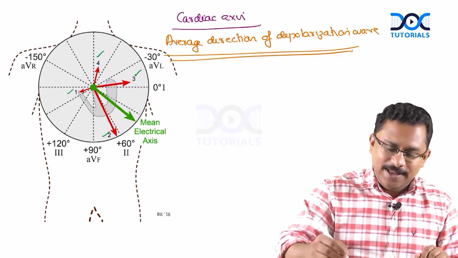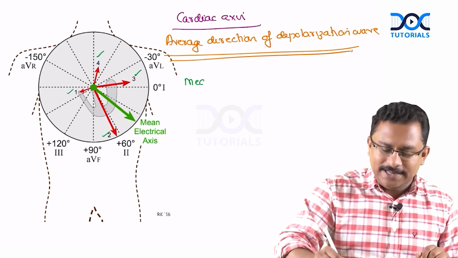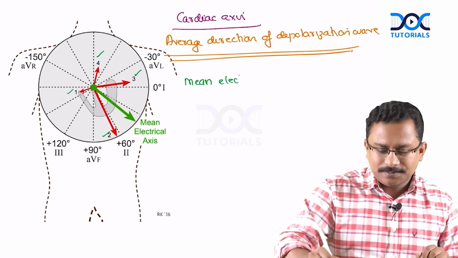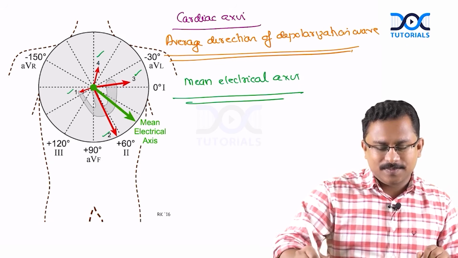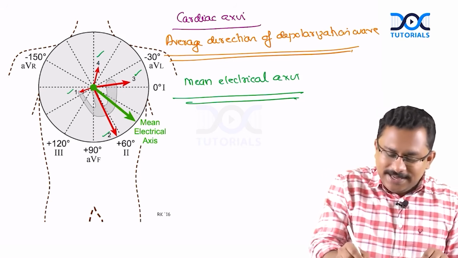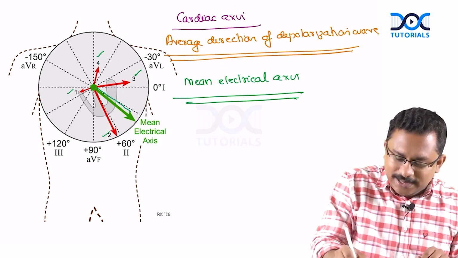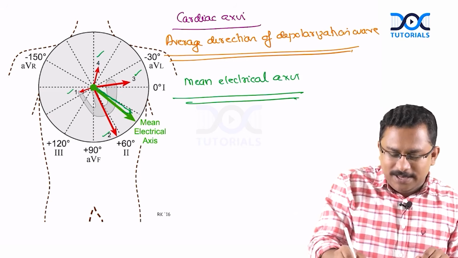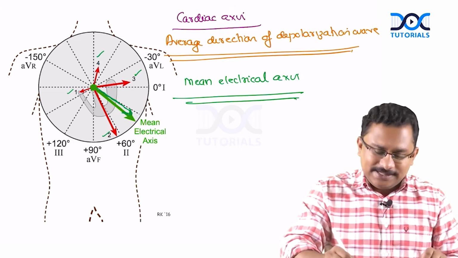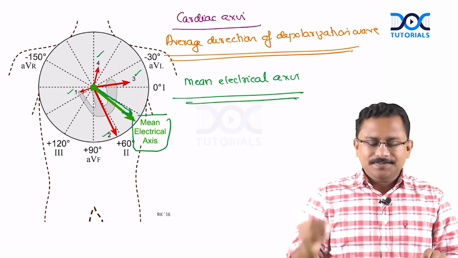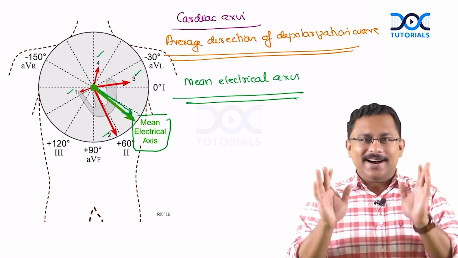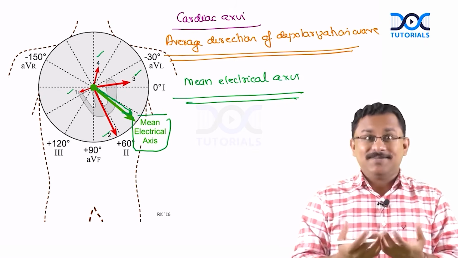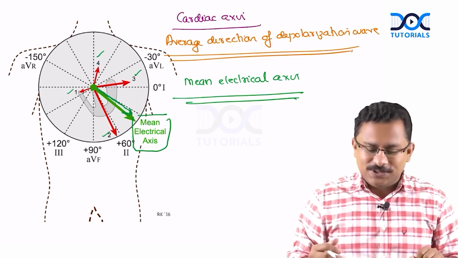You can even call it the mean electrical axis, okay. So you can see here, this is the green arrow corresponding to the mean electrical axis, which is quite obvious, okay. All right. So you have understood what is this cardiac axis, basically what it is you have understood.